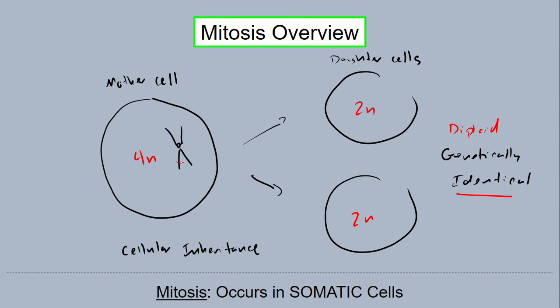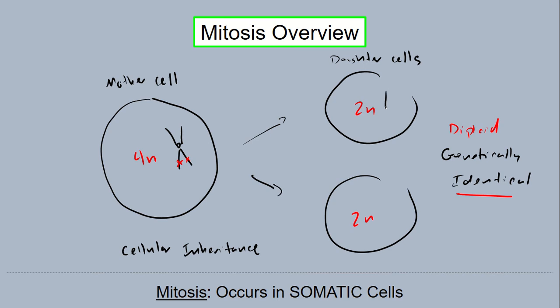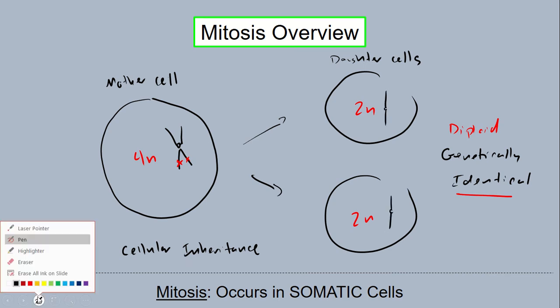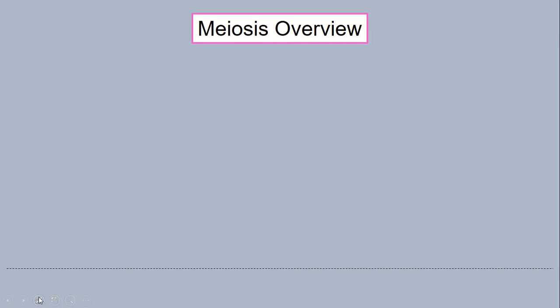You could imagine a situation where this mother cell incurs some kind of mutation in the DNA, and these daughter cells could inherit that mutation. This is not the classical form of inheritance that we'll start talking about later this week, but it's fair to think of this as a form of cellular inheritance.